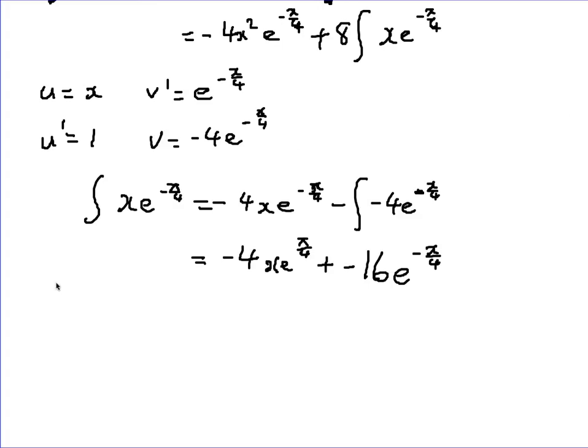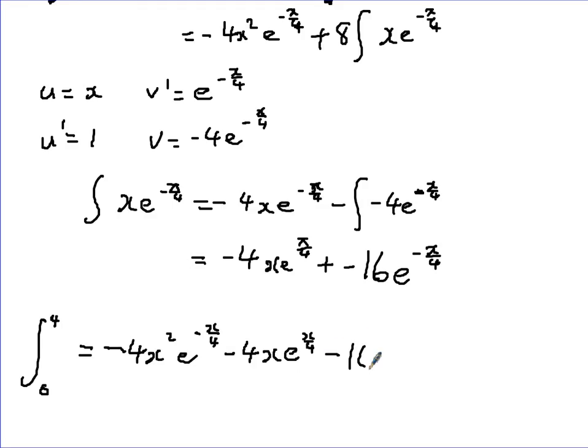So if we put it all together, the big integral overall, and we're wanting to sub in 4 and 0, would then be equal to minus 4x squared e to the minus x over 4, and then this here we've separated up, so we've then got minus 4x e to the minus x over 4, and then minus 16 e to the minus x over 4.